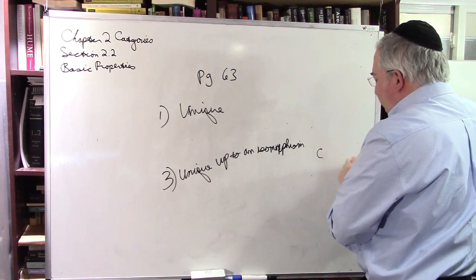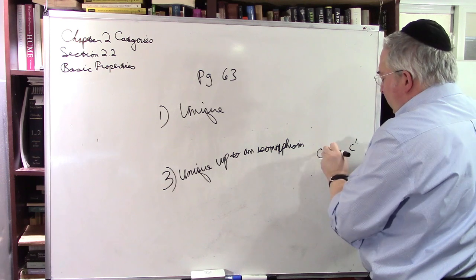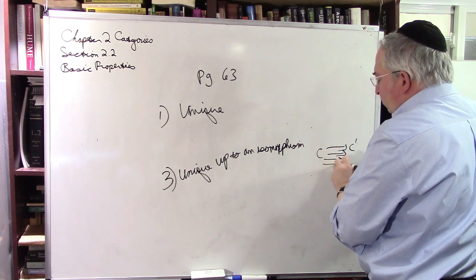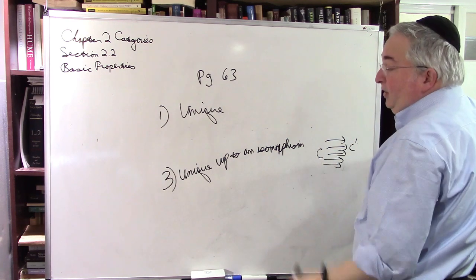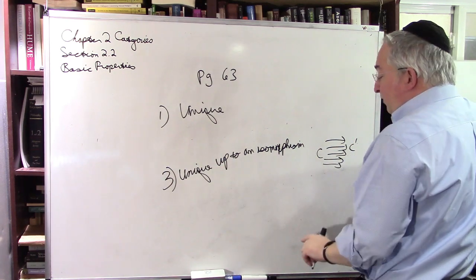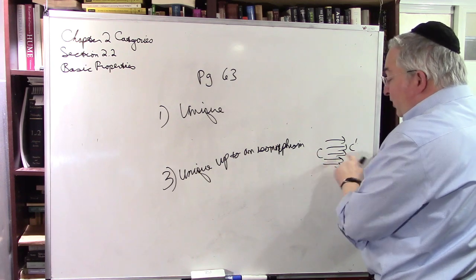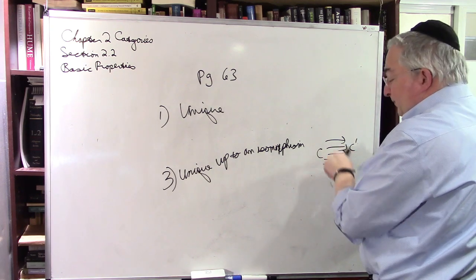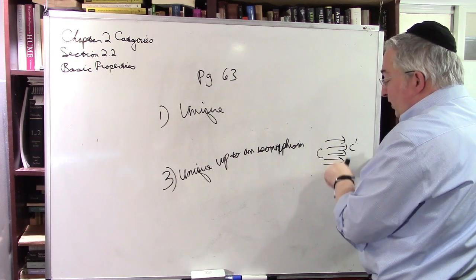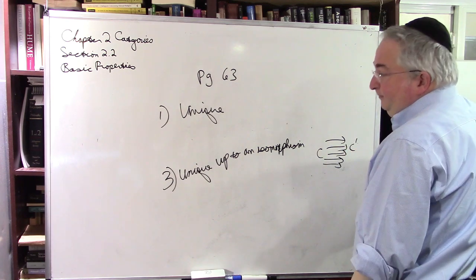If there are two of them, C and C prime, then there is an isomorphism in between them. But there could be 2 or 3 or 5 or 10 or an infinite number of isomorphisms in between them. So that's what it means to be unique up to an isomorphism. There could be more than one, but if there are more than one, there's an isomorphism in between.